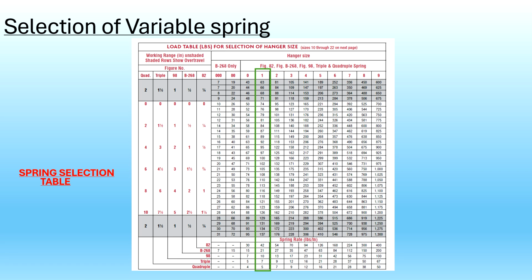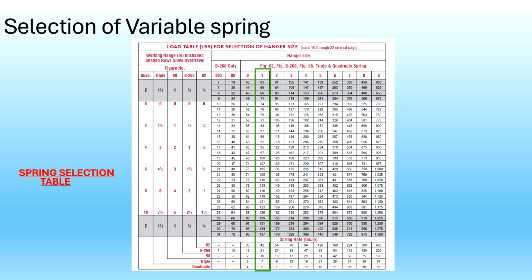If I get a spring stiffness of 10, or near to 10, then I will check what displacement it provides, which is over here. These are in inches. If my displacement comes in this range, then I can go with this stiffness. Or if my displacement is lesser than this, I will try to move to the nearby stiffness, that is, to this one.